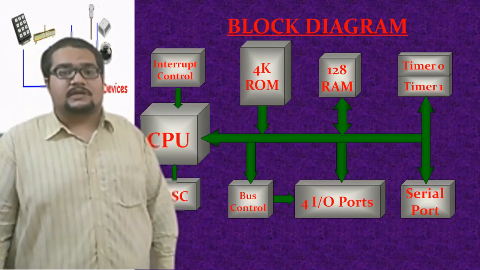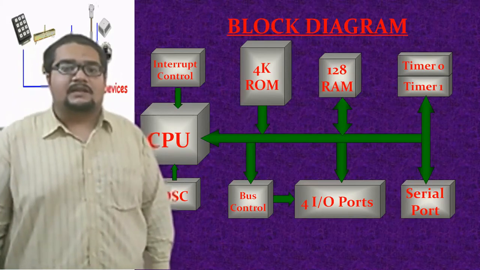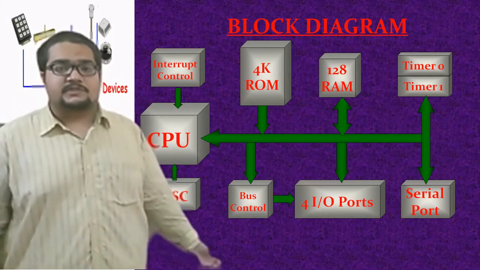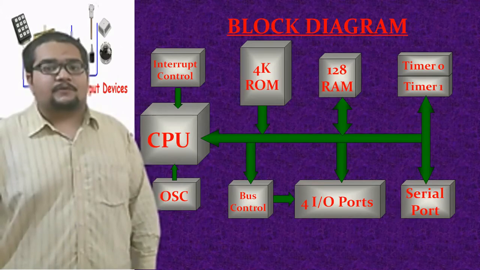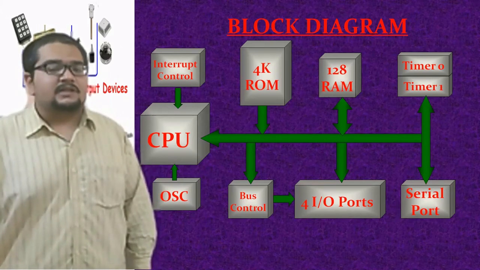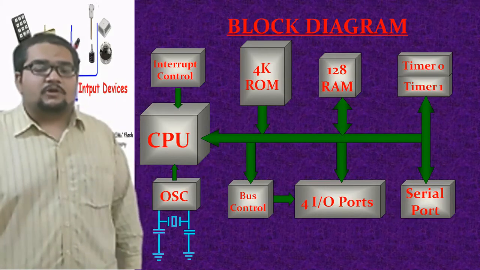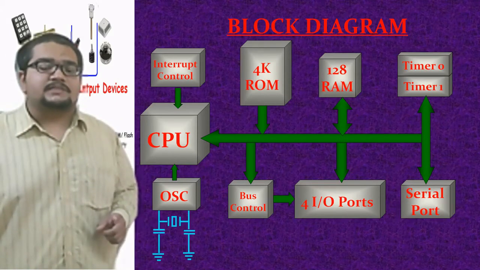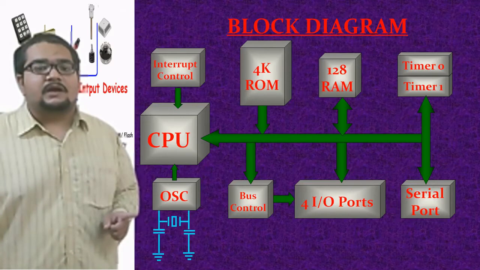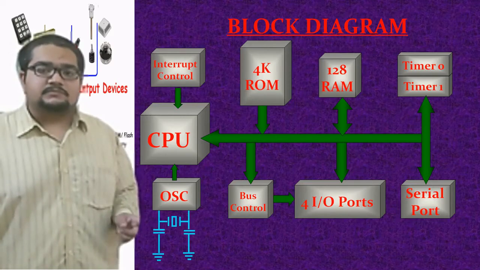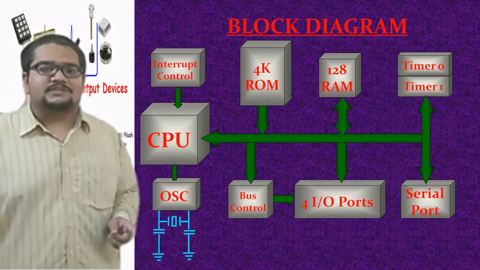Obviously, the bus controller takes charge of the bus and distributes the system bus according to the requirement of the individual modules. We have 4 I/O ports and the serial port available here. You can see that we connect a crystal oscillator externally to this device, and it gives clocking to the 8051 system.